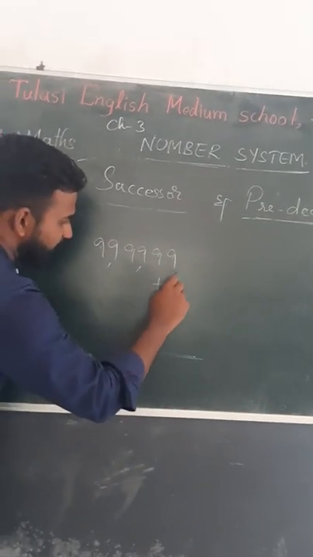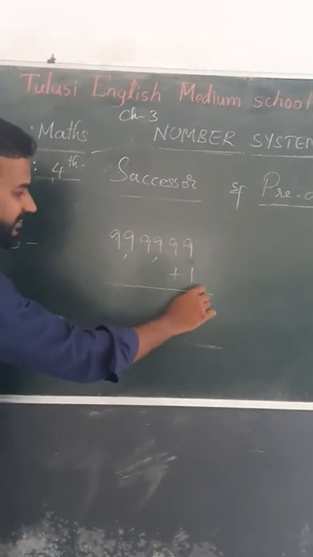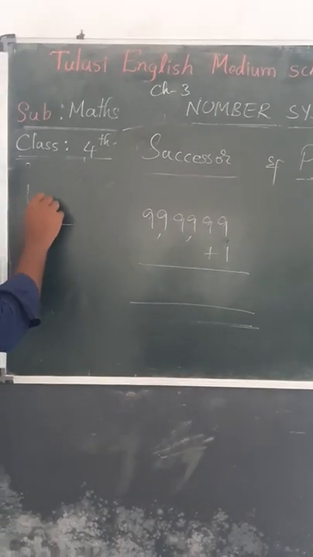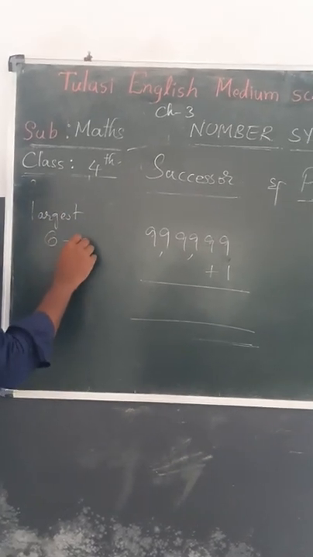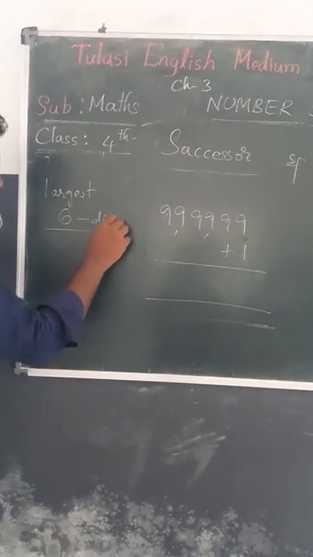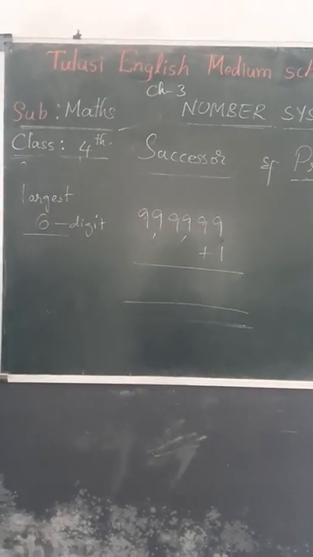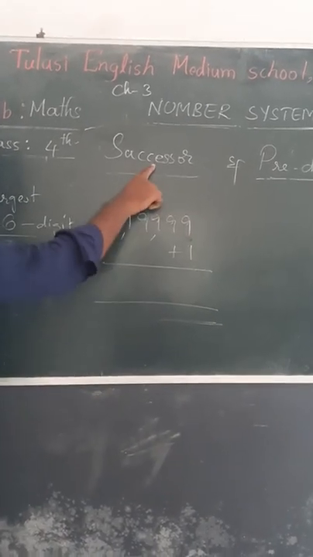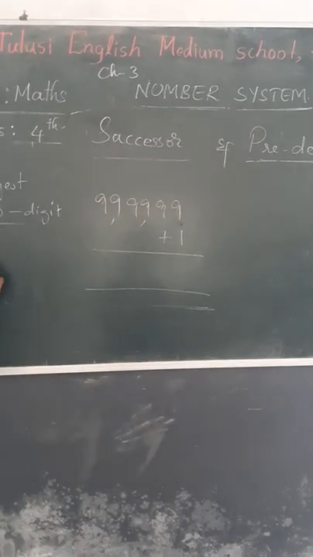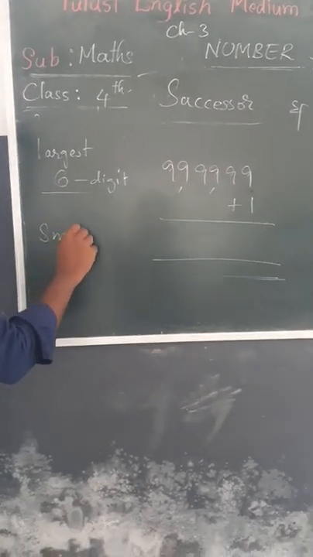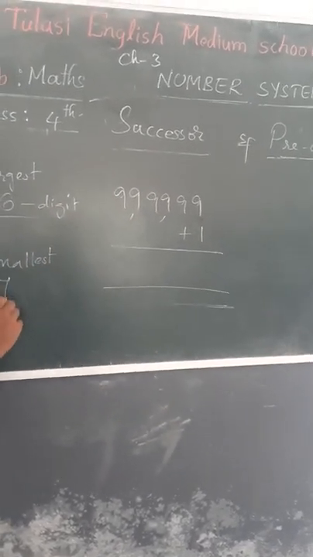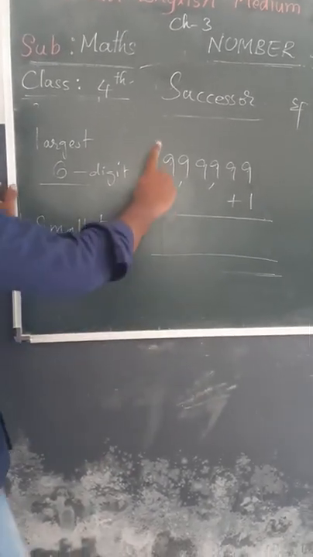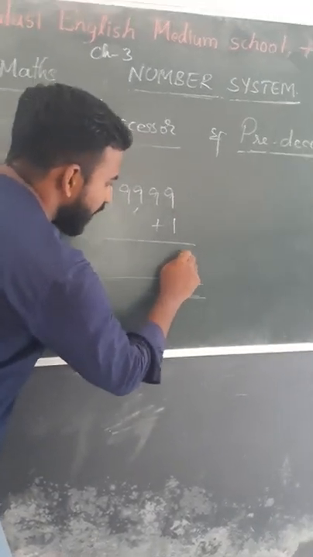When you add 1 to this, you get the smallest 7-digit number, because 9 plus 1, 10.